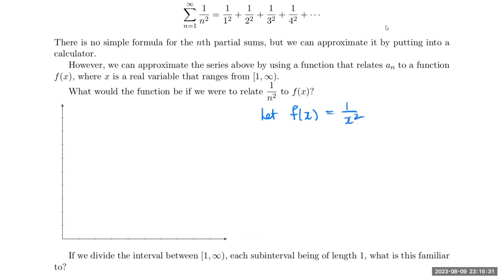Because if we substitute n instead of x here, we get the terms of the series, 1 divided by n squared. So that means if we replace the n by x, we have the function f of x, 1 divided by x squared.